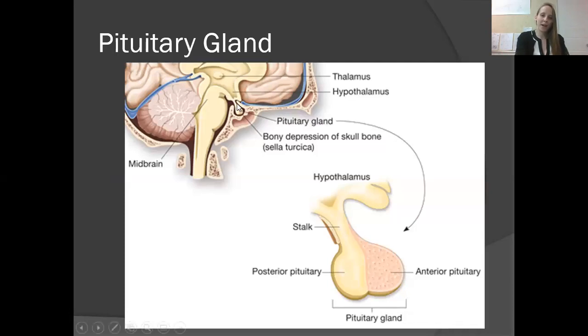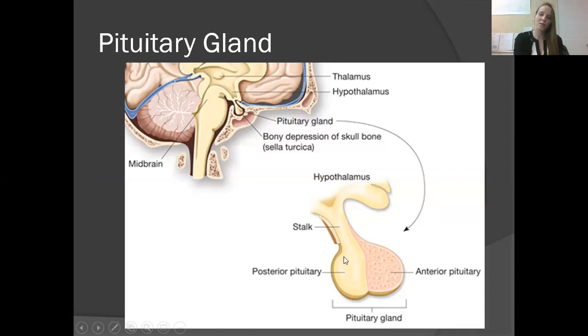So up here in the brain, this little teardrop shaped thing is the pituitary gland, and then right above that we have the hypothalamus. If you zoom in on that pituitary gland, you can see that there are two different lobes. The anterior pituitary, that's the section that produces its own hormones.